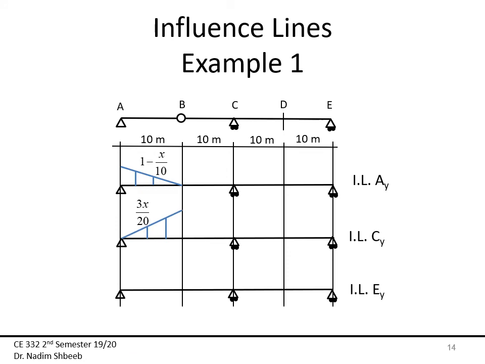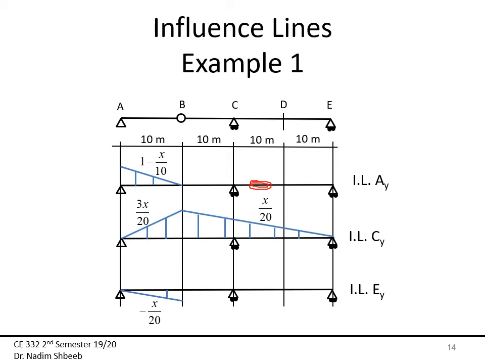At point B, this value is going to be 3 times 10 over 20, so it's going to be 30 over 20 right here. For this one, it's going to be minus x over 20, so that's going to be minus 1/2 for EY at this point right here. Now here you notice I did nothing for AY because this value was 0.